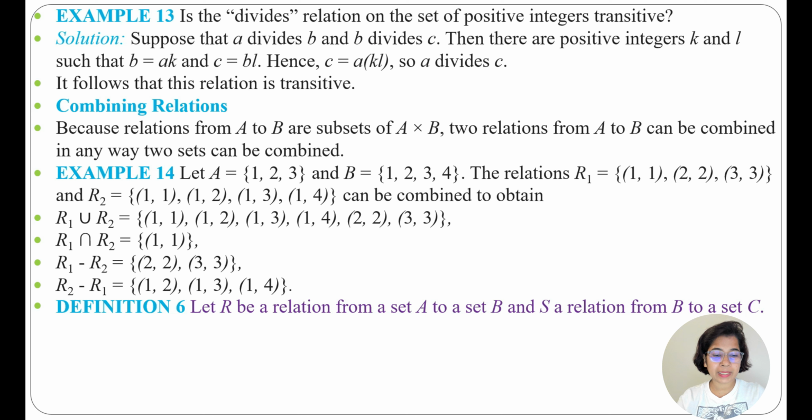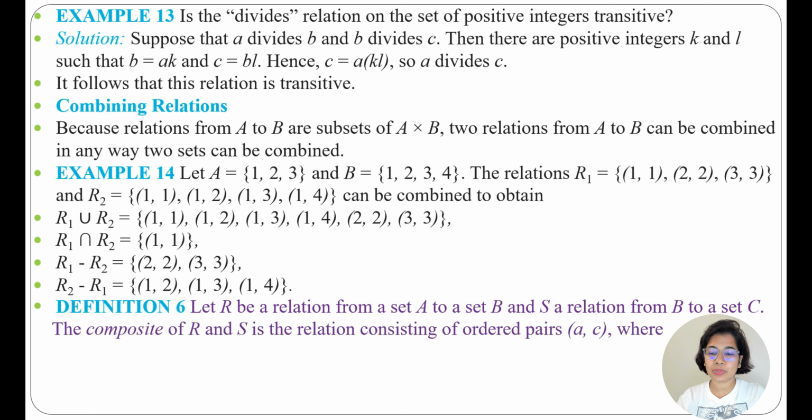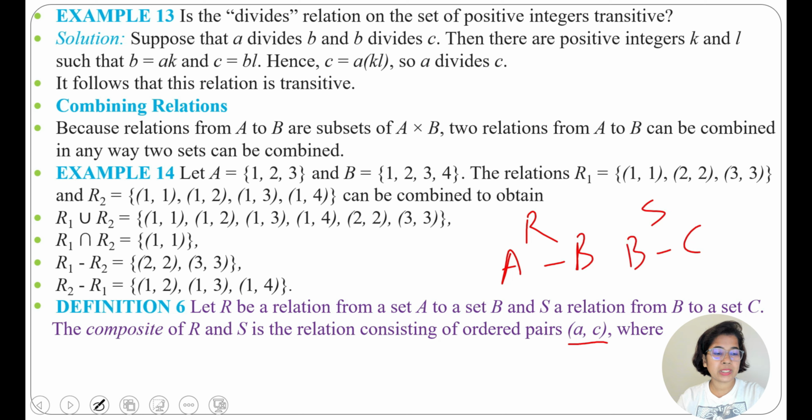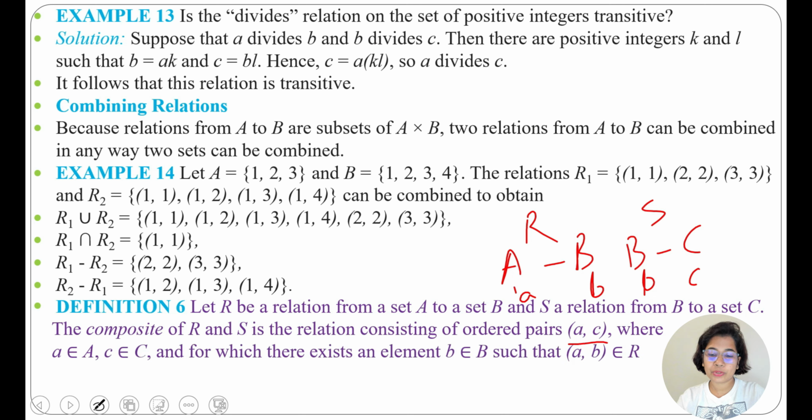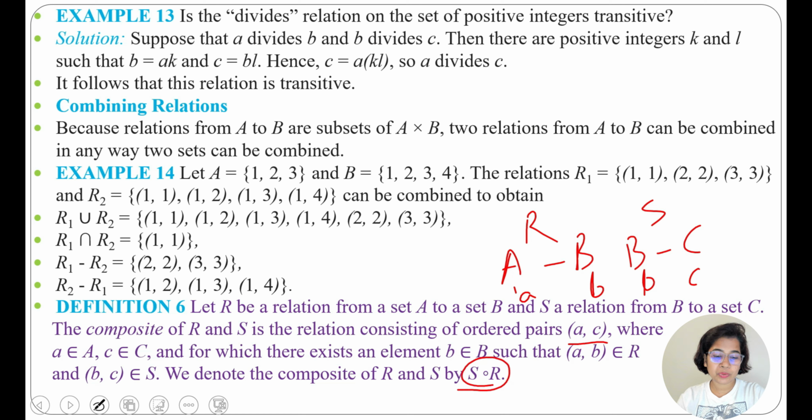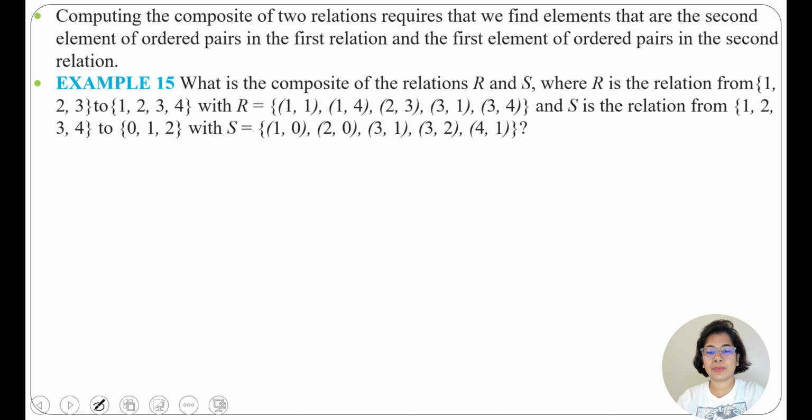Let R be a relation from set A to set B and S be a relation from set B to set C. The composite of R and S is the relation consisting of ordered pairs (a, c), where a belongs to A and c belongs to C, and for which there exists an element b belongs to B such that (a, b) belongs to R and (b, c) belongs to S. We denote the composition of R and S by S∘R. S∘R means it is the composition of R and S. First R then S. Let's see some examples of composition so that you can understand.